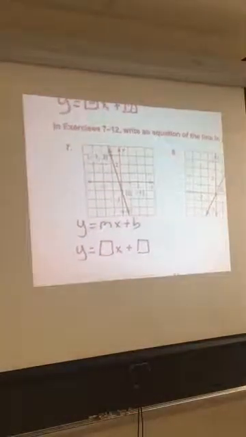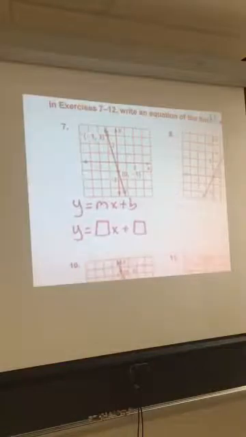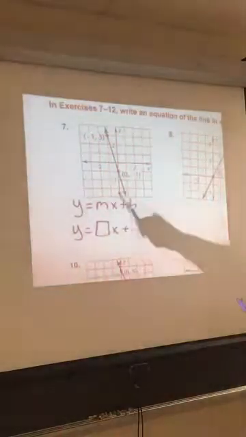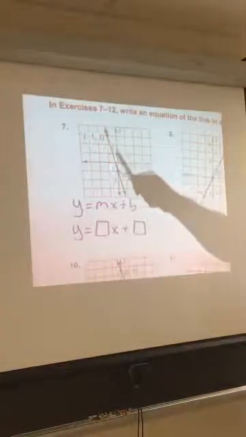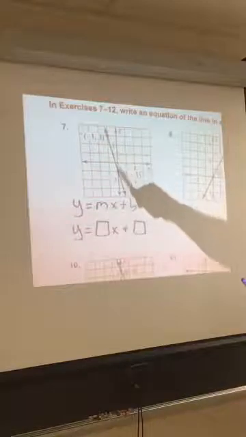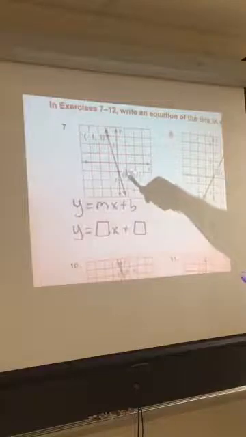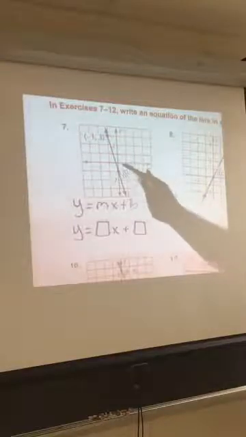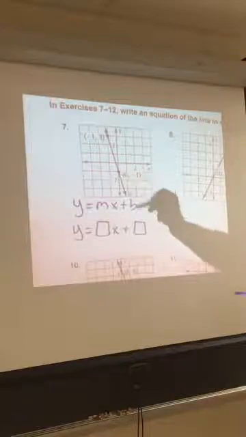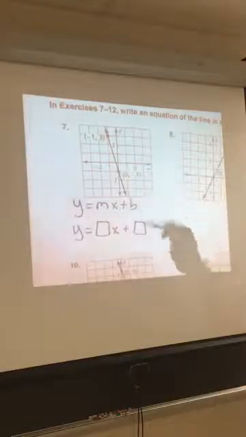So the b is usually the easiest. B is where does the line cross the y-axis? Well, this is going up by 1, 2, 3, 4, -1, -2, -3, so on. So this line crosses, they even told you. Most of the time they're not going to tell you, you're going to have to count. Here's the origin. So this line crosses down 1. So the y-intercept is -1.